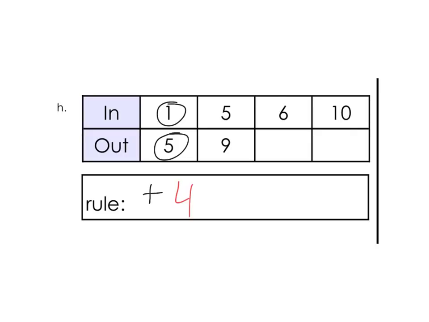And then I just need to check and make sure that that stays the same. 5 plus 4 is 9. So with What's My Rule, you're finding these patterns and continuing and changing that in number by whatever the rule is. 6 plus 4 is 10. 10 plus 4 is 14.